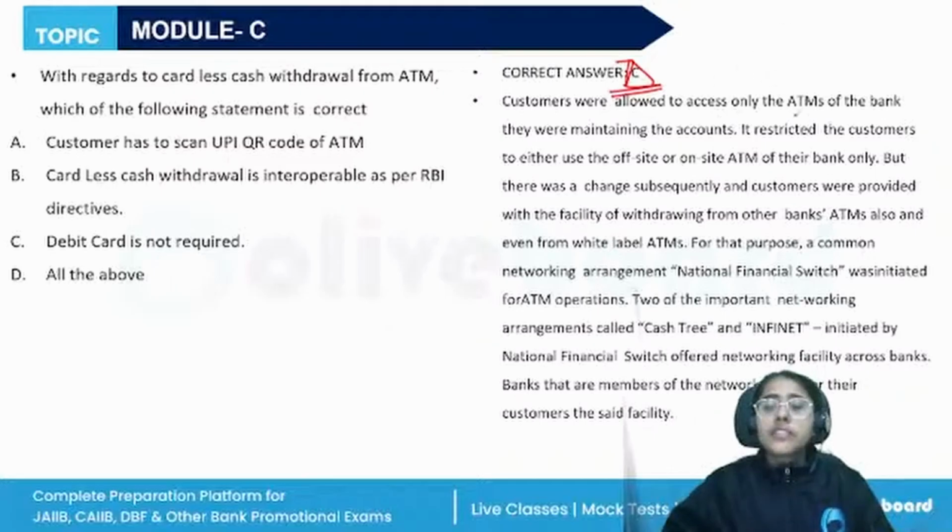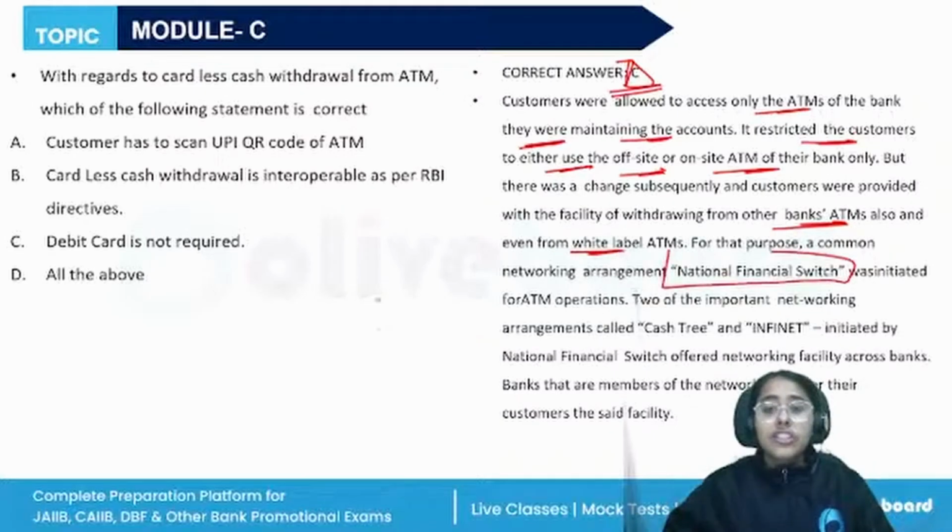Alright, so the customers were allowed to access ATMs of the bank in which they were maintaining the accounts. It restricts the customers to either use the off-site or on-site, but now changes have been made. Customers have the facility of withdrawing from other banks' ATMs and even from the white label ATMs. This is because of the National Financial Switch, NFS, right?